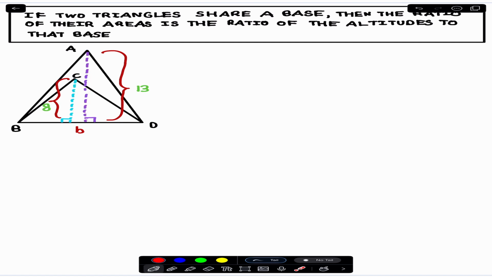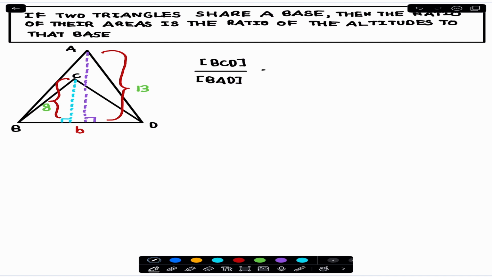So if we wanted to very quickly, again, this question sort of disappeared, so I'm going to have to fill it in again. If we want to find the ratio of these two triangles, and you know what, let's be consistent actually, because if I go like this, I want to go like this as well.